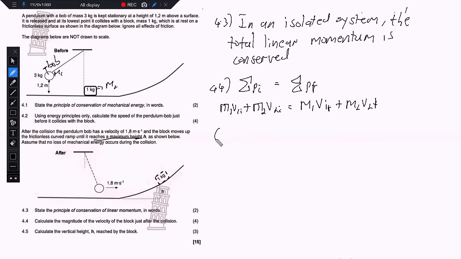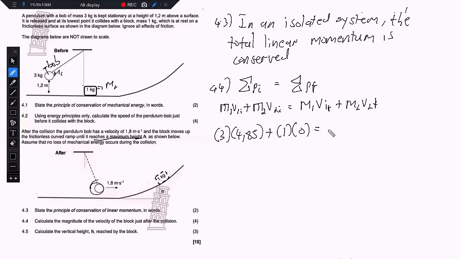So mass 1 is 3, but then obviously the initial velocity will be the velocity in which it hits the block, which was the one we calculated previously. It was 4.85 plus mass 2 is 1 kg, but then initially the velocity of the block was 0 because we are told that it was stationary.